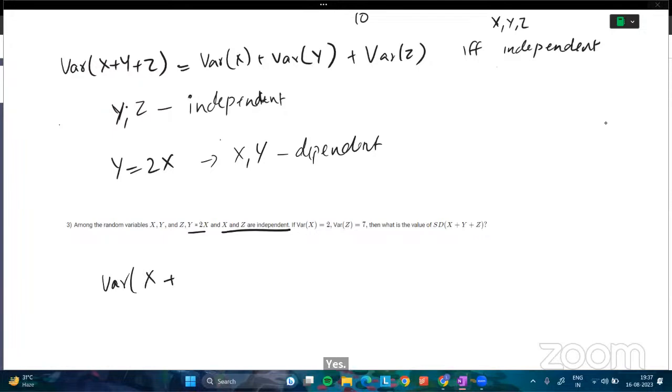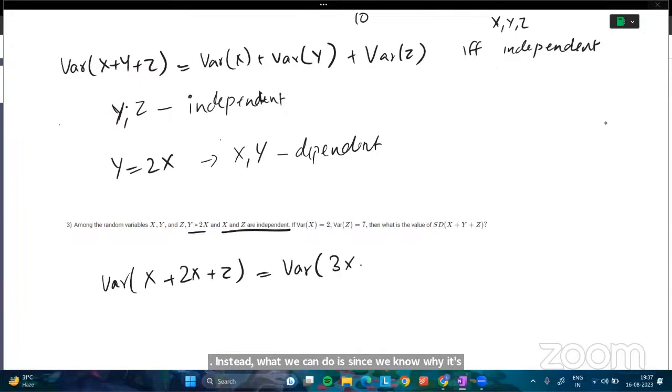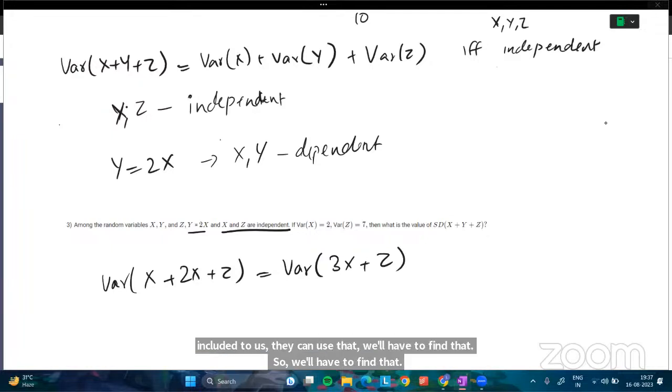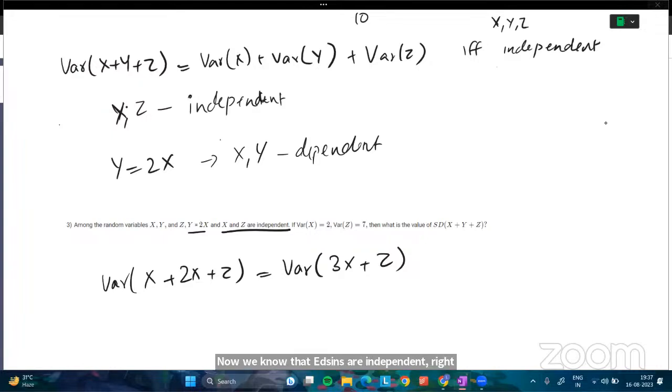Instead, since we know y is equal to 2x, we can directly substitute it here. So we'll just have to find variance of 3x plus z. Now we know that x and z are independent, so 3x and z are also independent. So we can write this as variance of 3x plus variance of z.